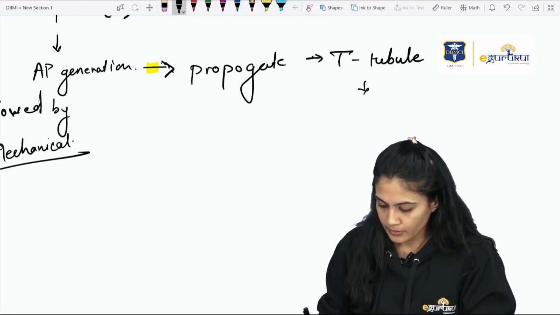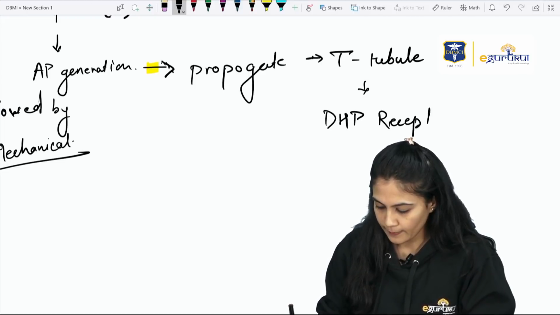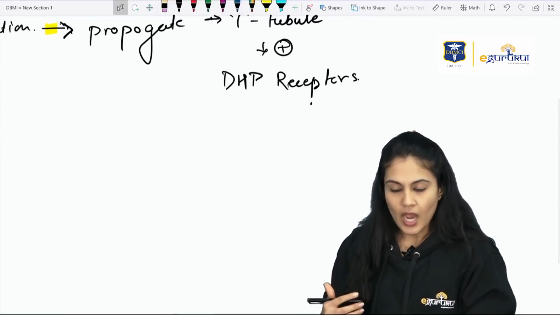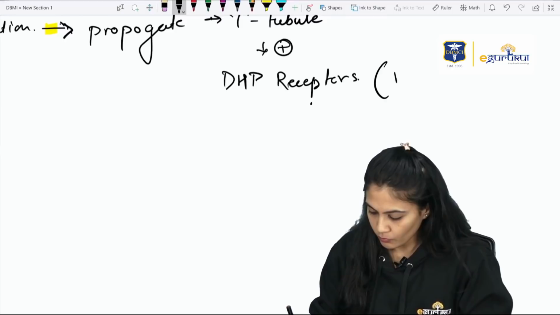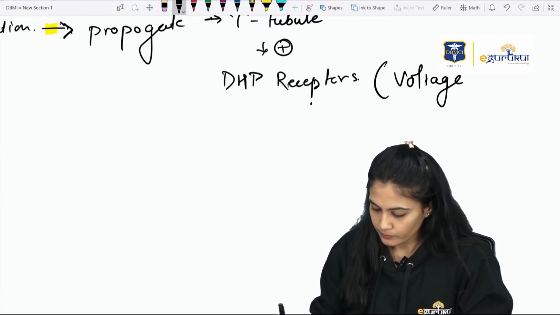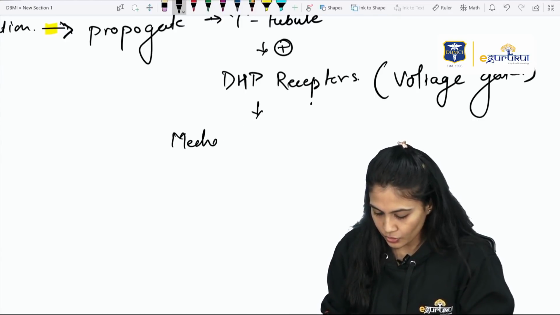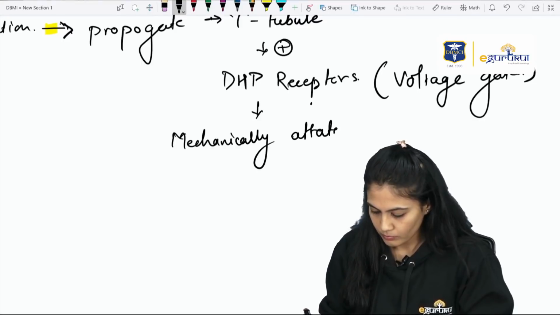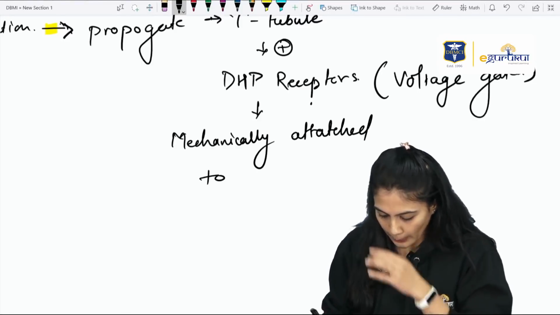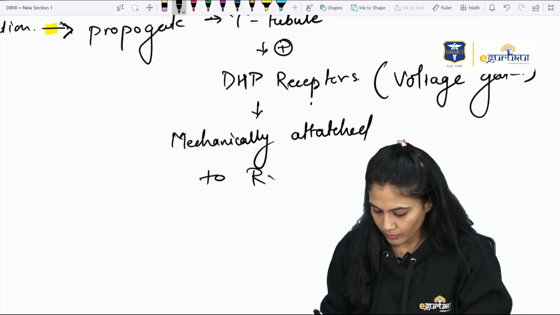Over there, the DHP receptors, dihydropyridine receptors, are already present. They get stimulated, and these are voltage gated, remember. These channels are voltage gated. These are mechanically attached to the RYR, or ryanodine receptor.